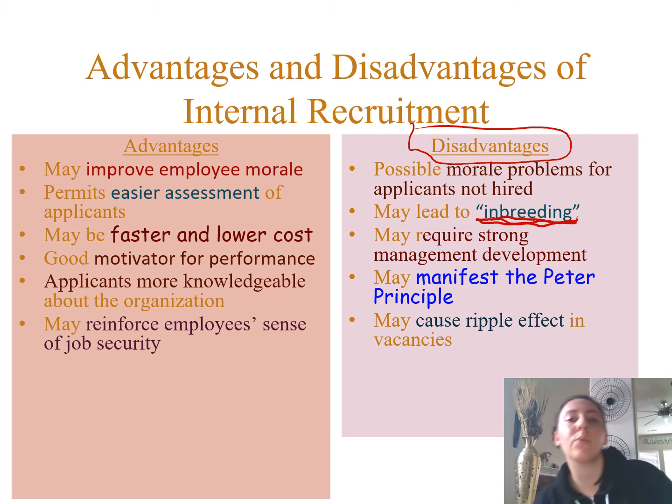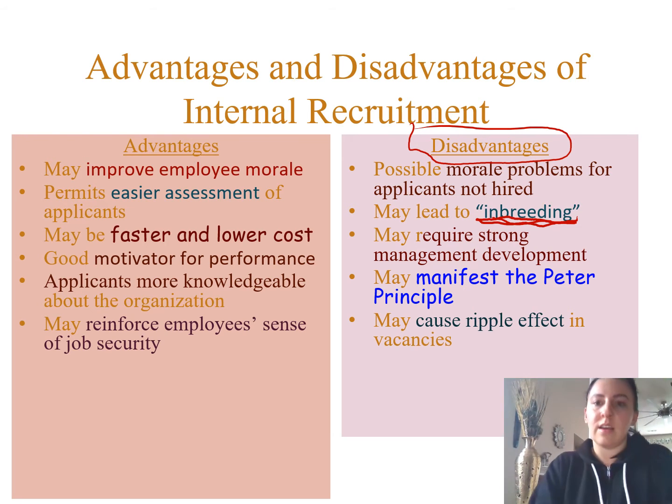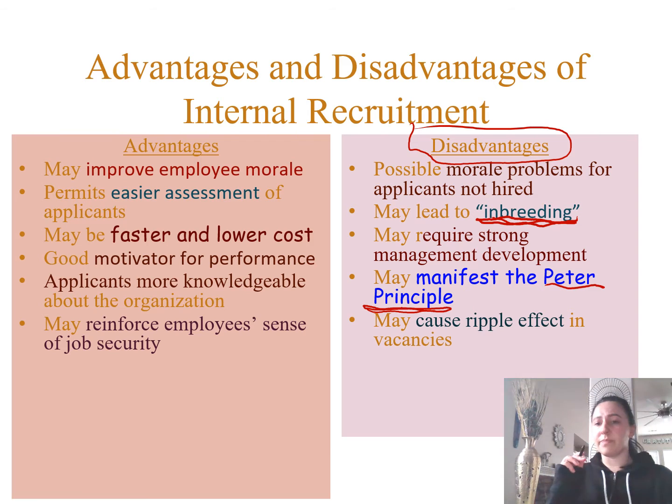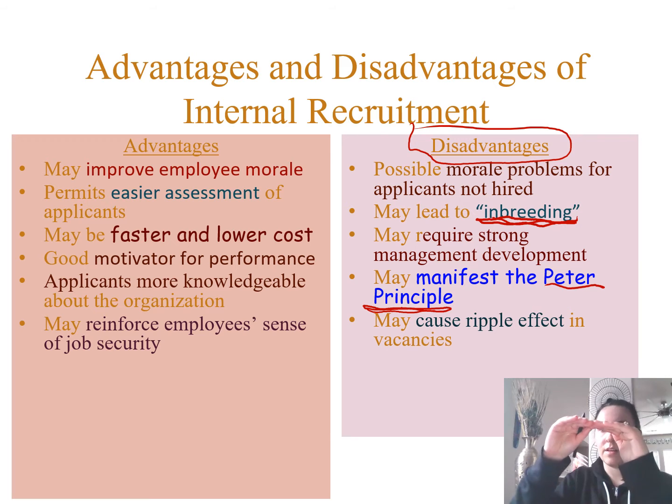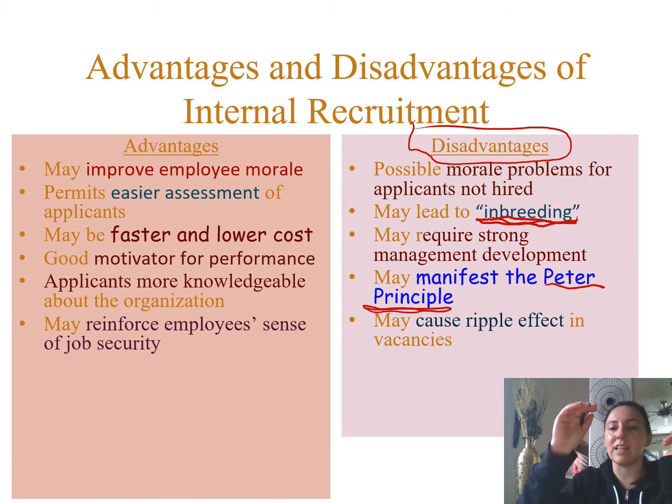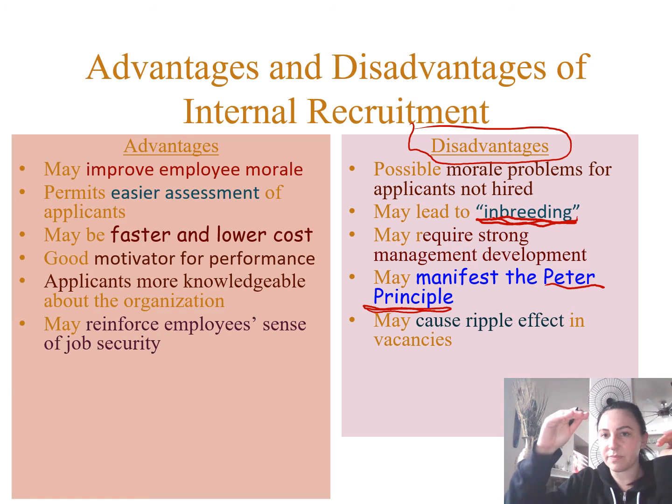And then next, it can manifest the Peter Principle. So what the Peter Principle is, basically, if you keep promoting people from within, let's say there's this one employee, he started with this company from the bottom, now he's here, right? And so he was able to move up. Maybe he's able to move up to the highest level that he can ever qualify for.